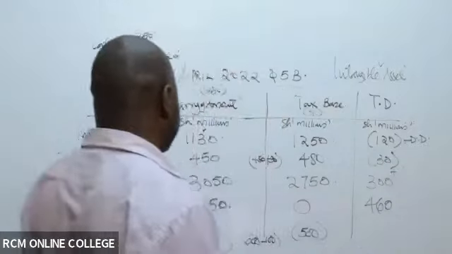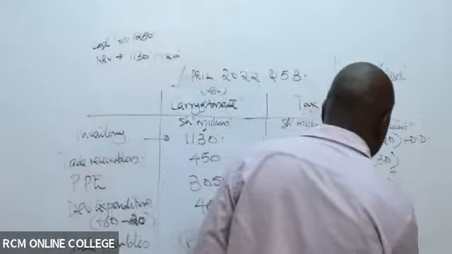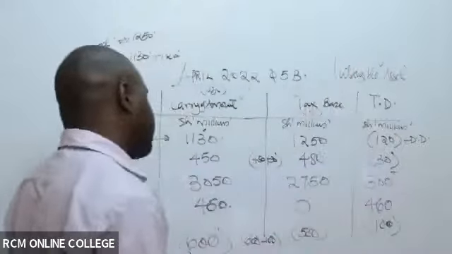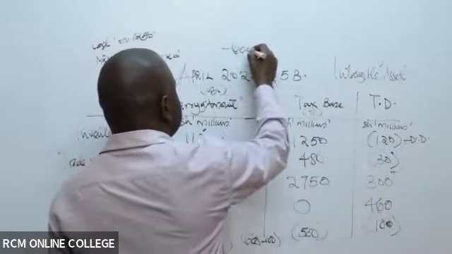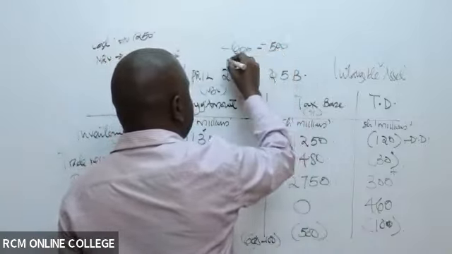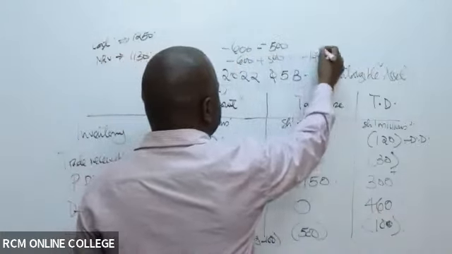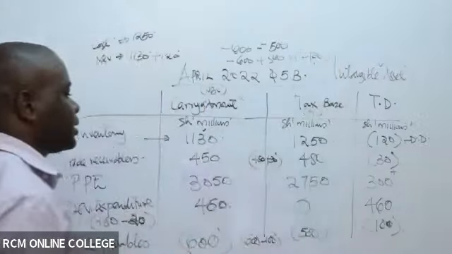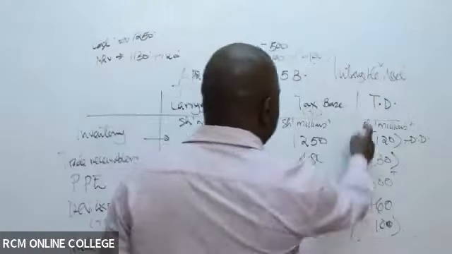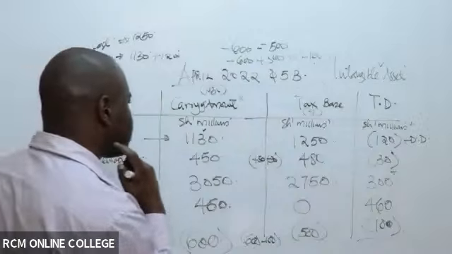So when you get the difference between the two, you'll end up getting negative 100. Minus 600 plus 500 becomes negative 100. That will become the temporary difference regarding the trade payables.